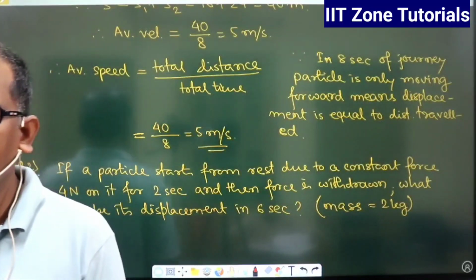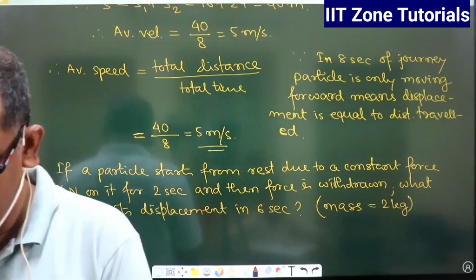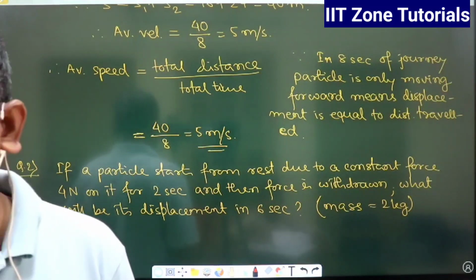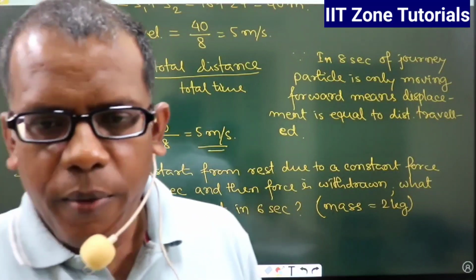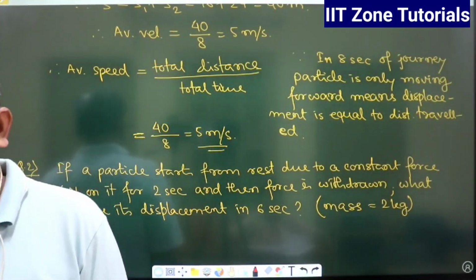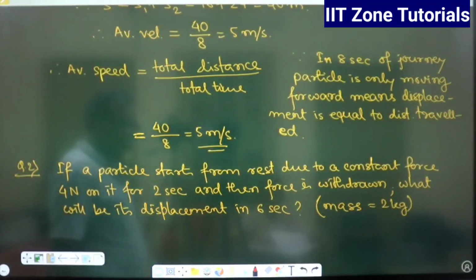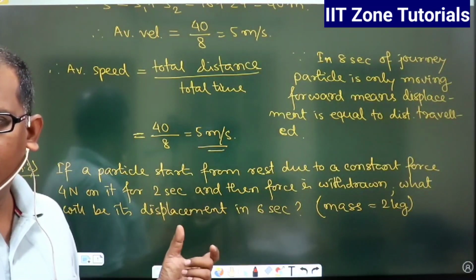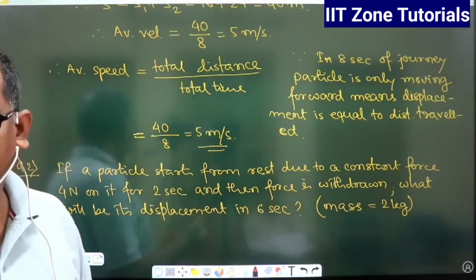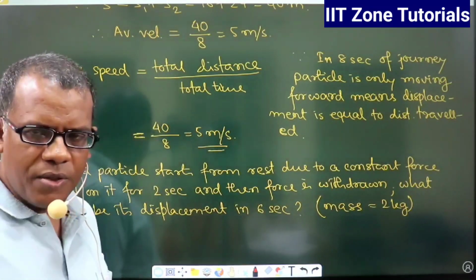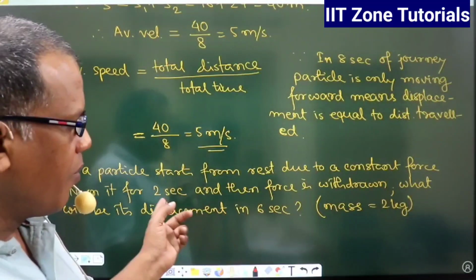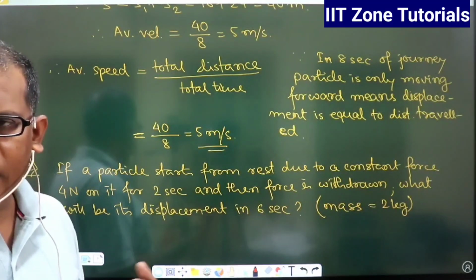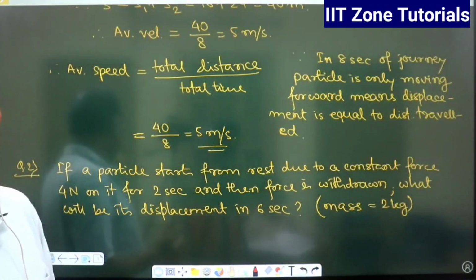What happens when some force is applied on any block of any mass? Force brings acceleration. So if force of magnitude 4 Newton is applied on the mass for the first 2 seconds, then due to the force, acceleration will be produced, and that acceleration will act on the mass for the first 2 seconds.